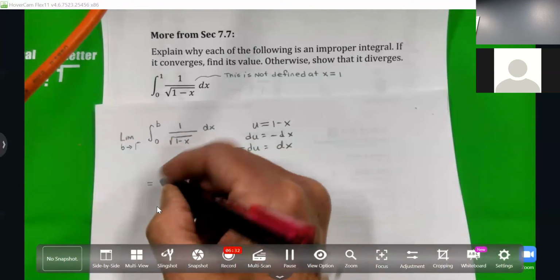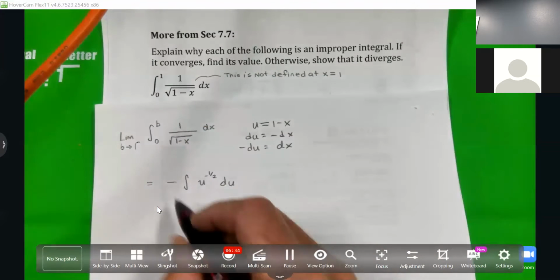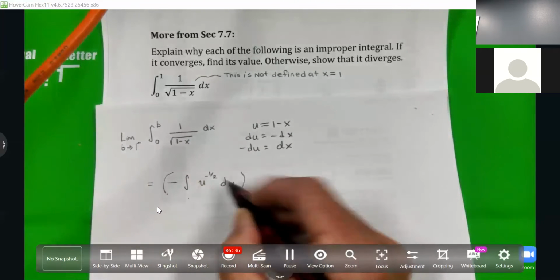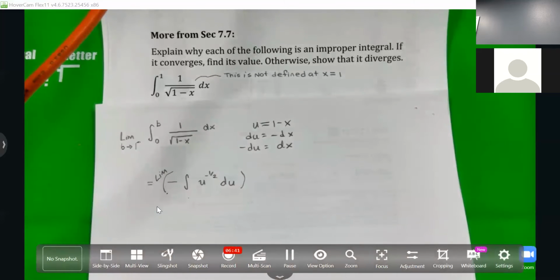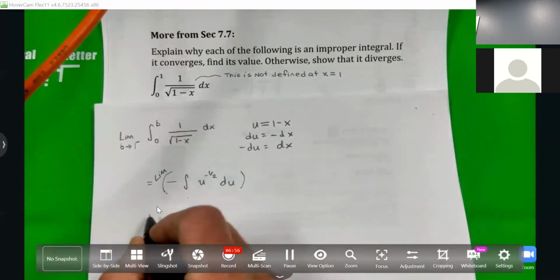And then when we're done, we'll put that limit back in here. Just power rule integral, add 1 to the negative 1/2, and we get a positive 1/2. And then when we divide by that 1/2, we get a 2 in front. So we get 2 times u to the 1/2 with the minus sign.